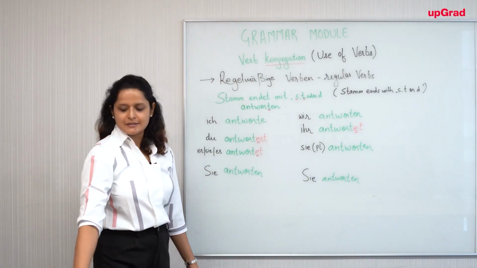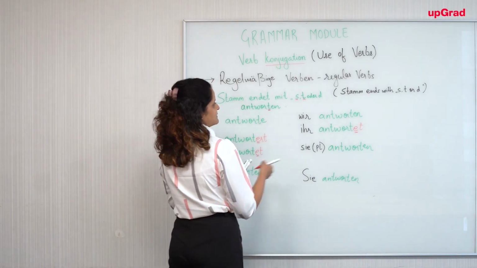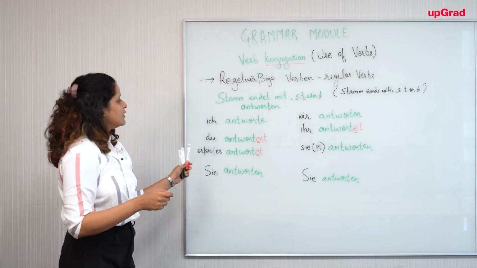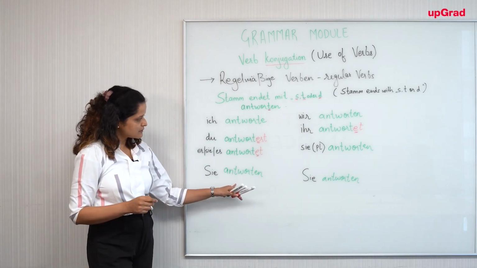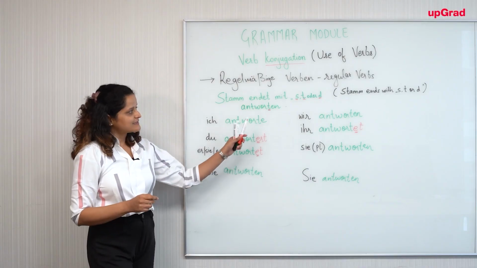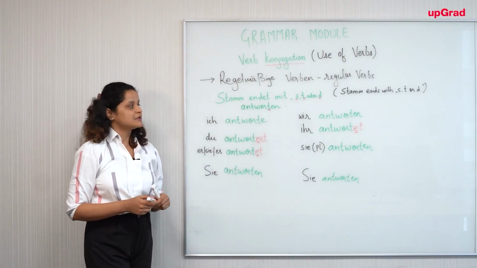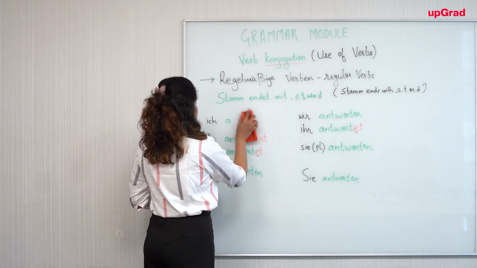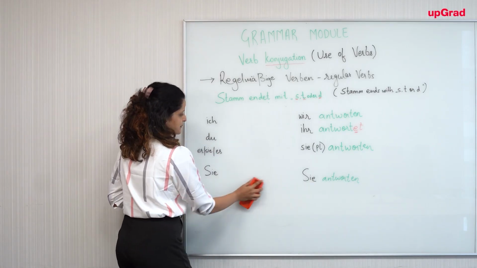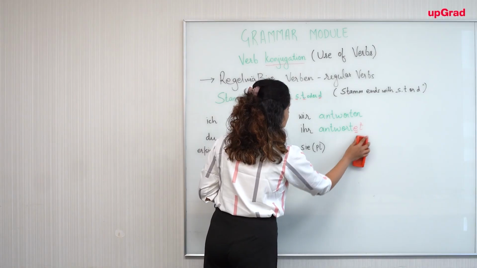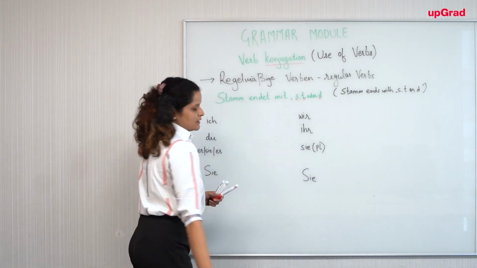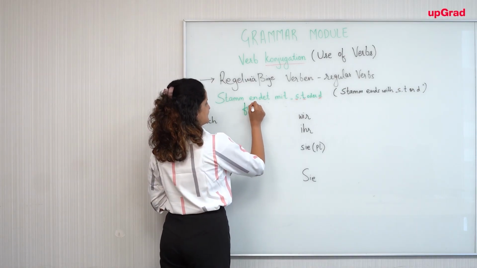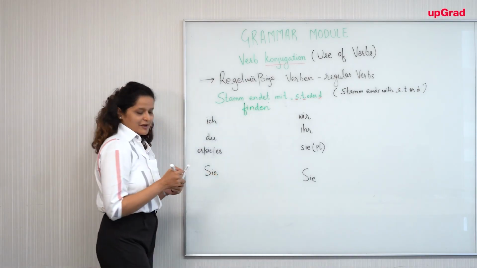Now the last category that we have is when the stem ends with the letter D. So let's take another verb here where the stem ends with D. The verb that we have here is finden, which means to find.